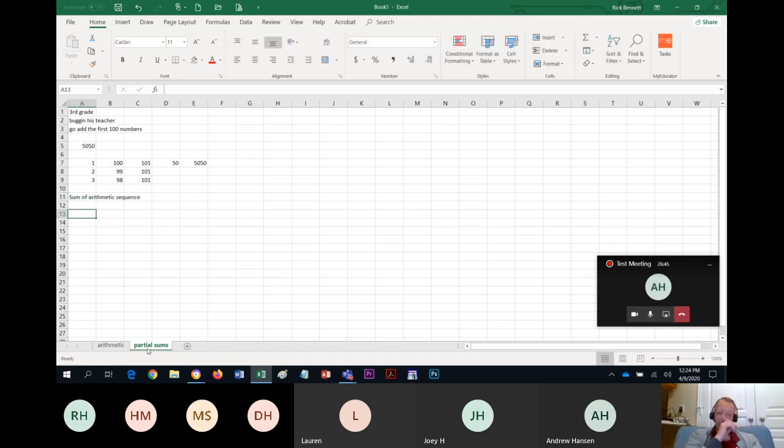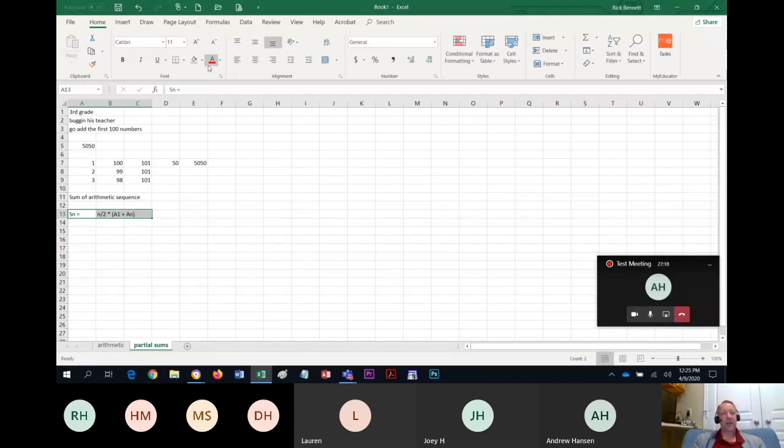The one that we just demonstrated: S sub n equals n over 2, the total number of terms divided by 2, which gives you the number of pairs, times the first number, a sub 1, plus the last number, a sub n. And that will give you the sum of all those.